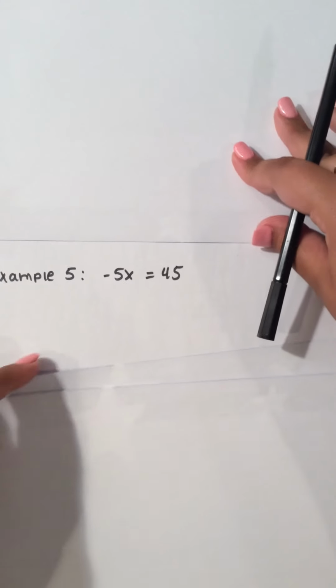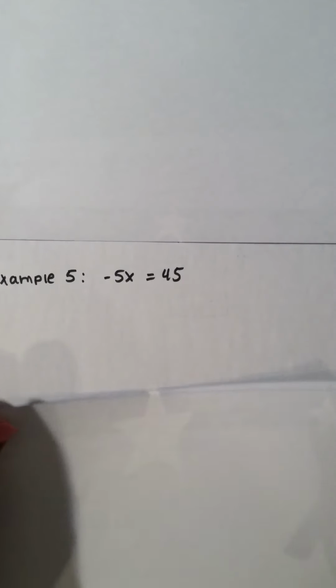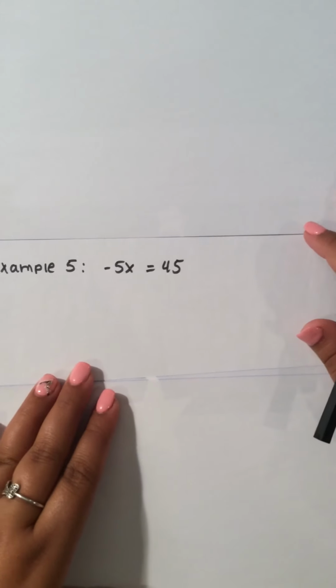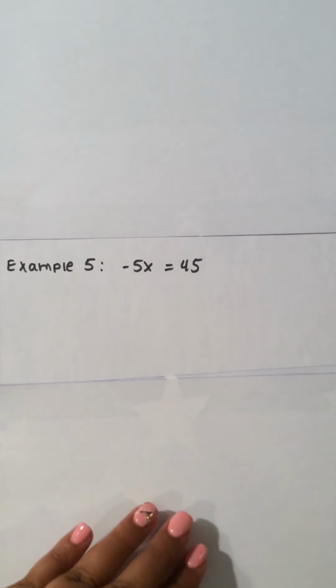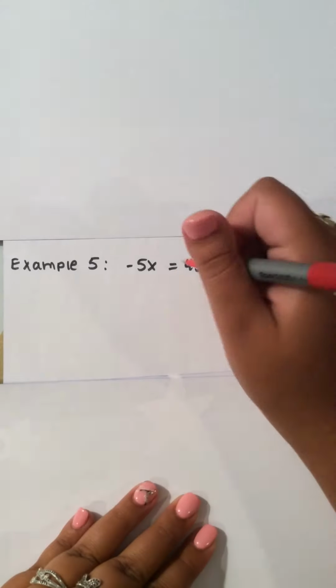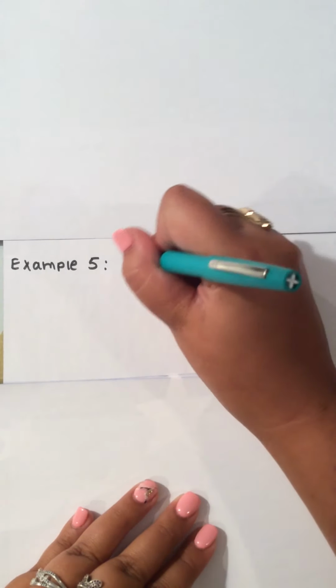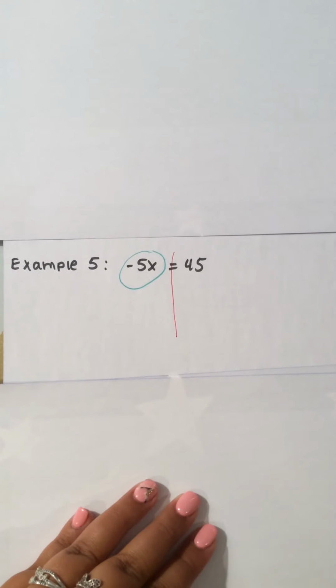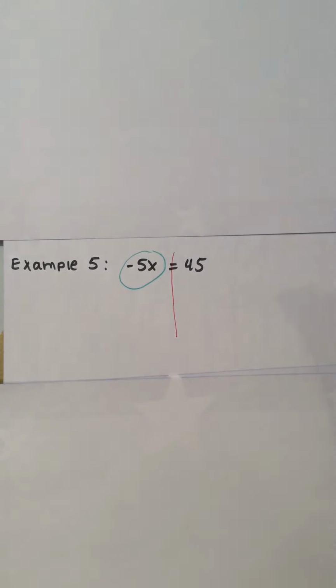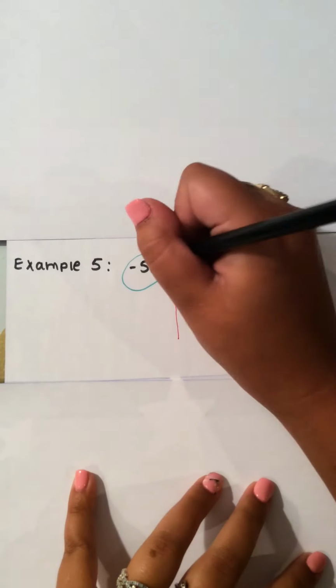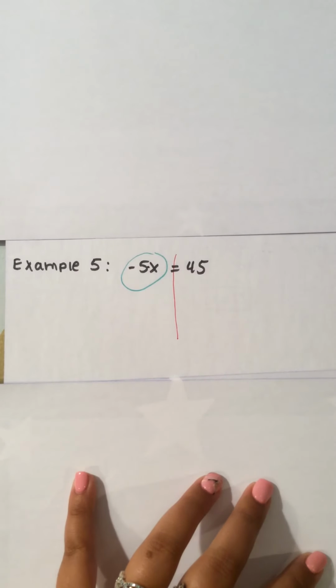Let's go to the next example, example 5. And we have negative 5x equals 45. Draw that line down the equal sign. Circle the variable. So negative 5x. We did one earlier in the video, and when we have a negative 5 attached to an x, that means that they're being multiplied. So I'm going to do a little multiplication symbol in there.